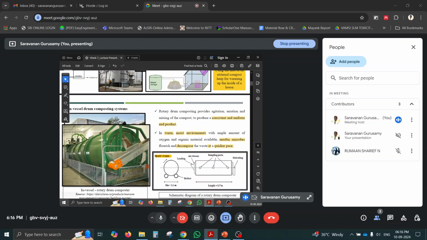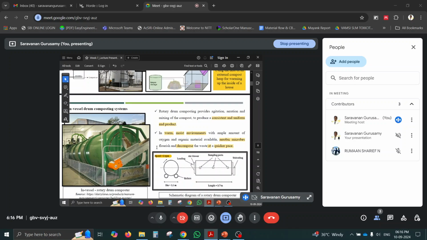So the whole tank will be rotating, and then the final compost will be taken out through this end pipe, and the feed will be happening from the top at another end. Okay, so this will give you a consistent and uniform end product, because everything is rotated at the same speed. So whatever product we are getting will be a consistent and uniform end product.